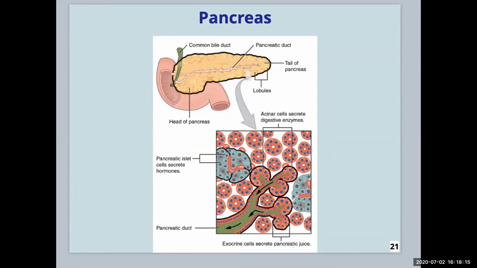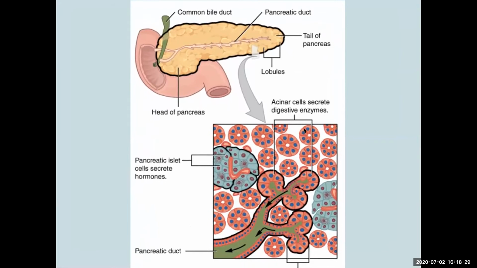Finally, the pancreas. This is one of my favorite organs. This organ is special because, as we've mentioned before, it's got both exocrine as well as endocrine components. The exocrine components are the acinar cells that secrete digestive enzymes.